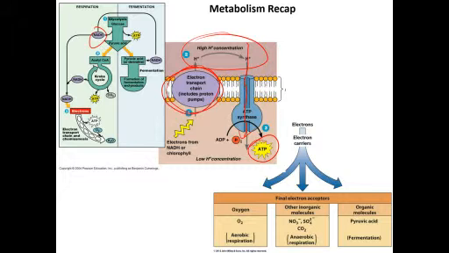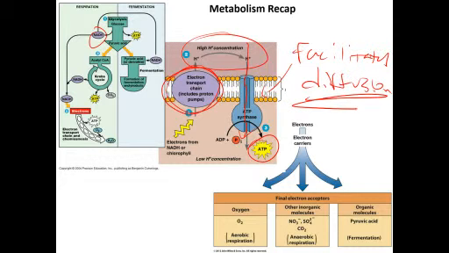As these protons go back down their concentration gradient through a process of facilitated diffusion, you allow for the production of ATP.